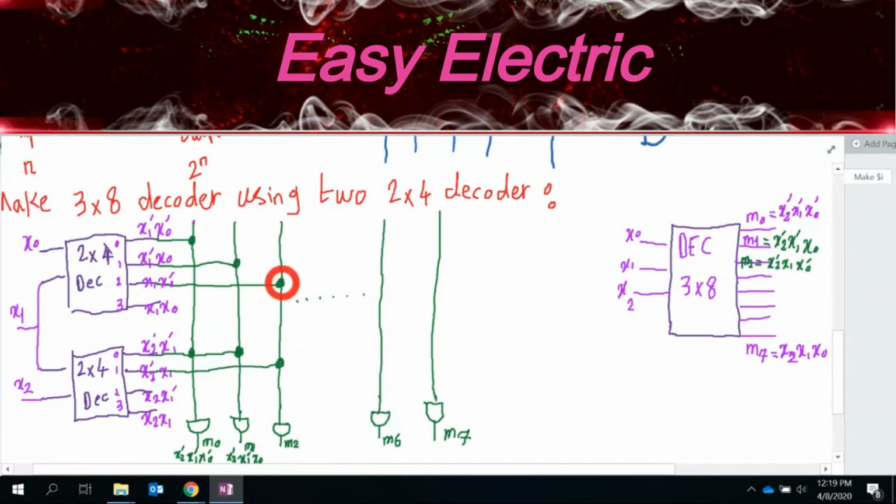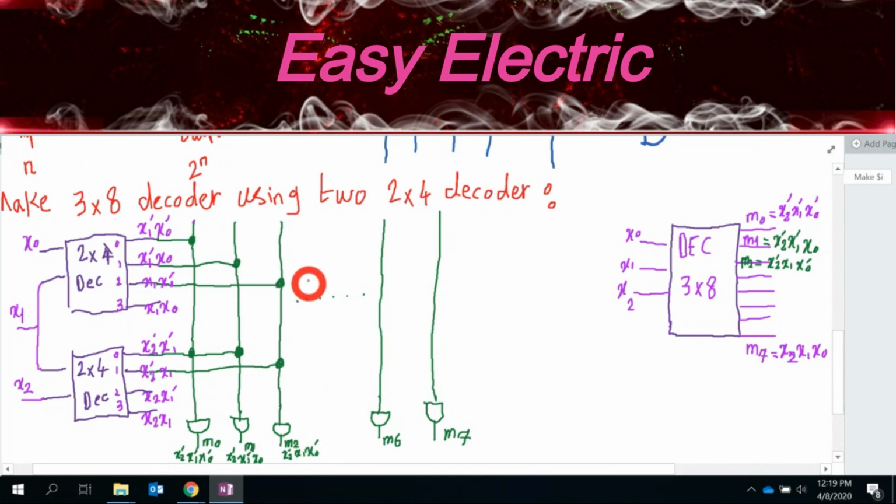So again, if you double check, here you have X0 prime, X1, and here you have X1, X2 prime, which definitely gives you 2, which is X2 prime, X1, X0 prime.